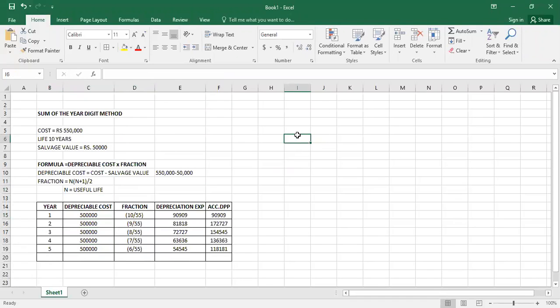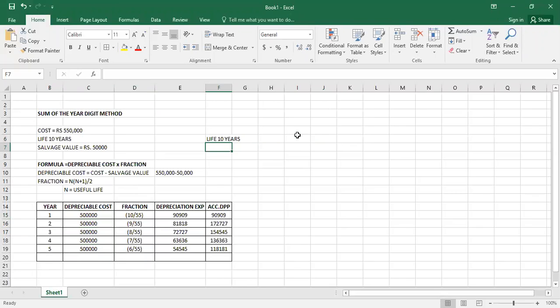Now, there is no requirement of depreciation rate in the sum of the digits method. If the depreciation rate is available, then you do not have to do anything with it. Here the life is 10 years, so you can calculate the fraction by two methods.